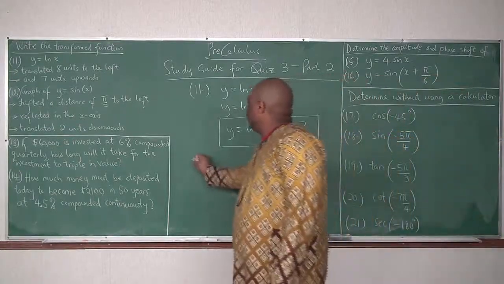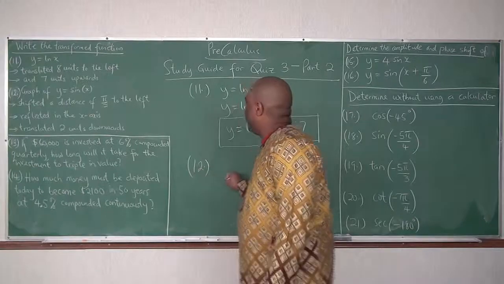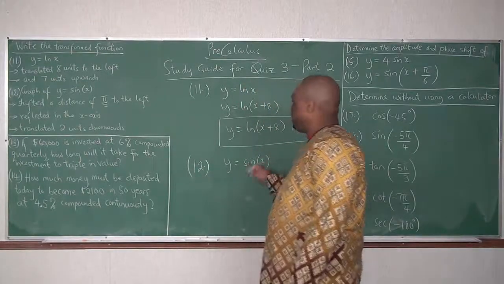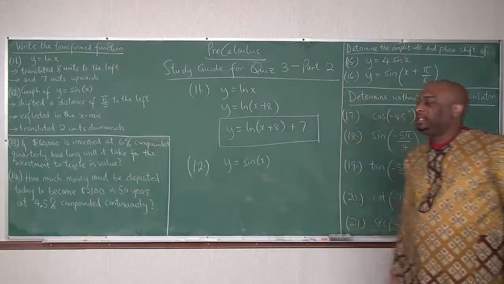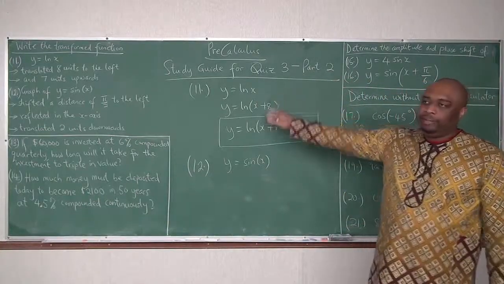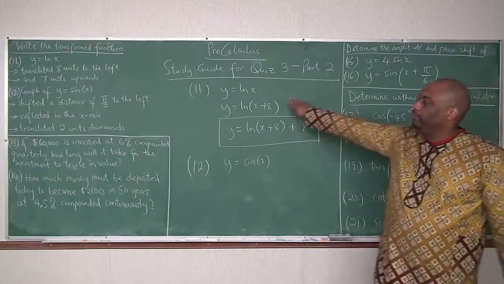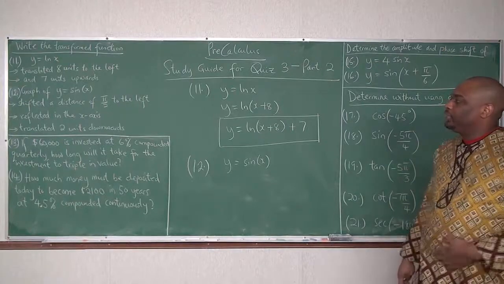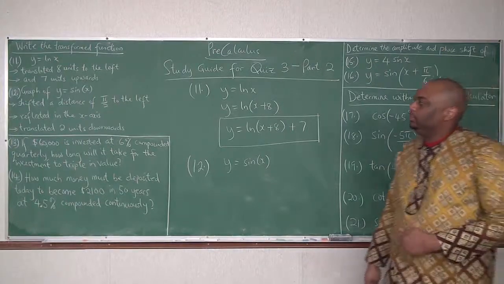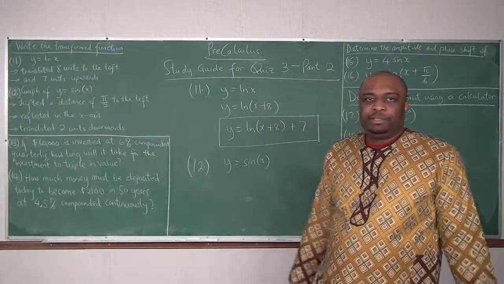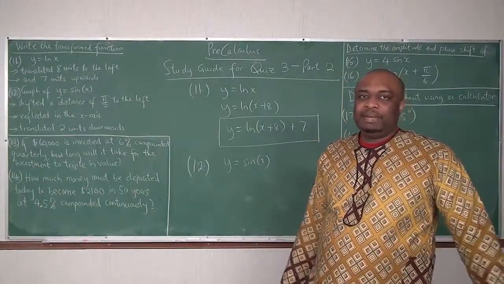Question 12. You have y equal to sine x. This is the parent function, a trigonometric function, while the previous one was a logarithmic function. You shift it or translate it, whether you say shift or translate, it means the same thing.